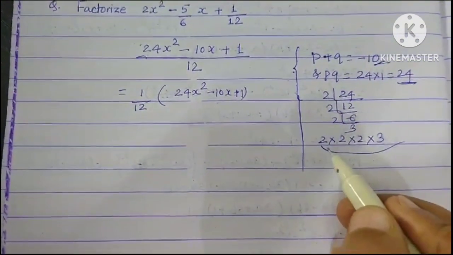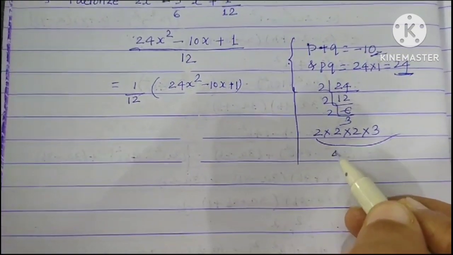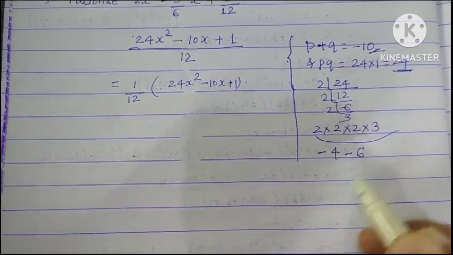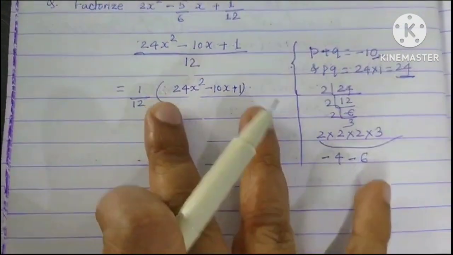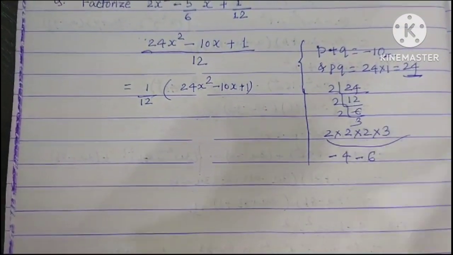Now we have to select what will be our minus 10, p plus q equal to minus 10. If you take the combination 4 and 6 and you put minus, then it will become minus 10 and the multiplication will be 24. This minus minus will be plus, as we did in the last question.